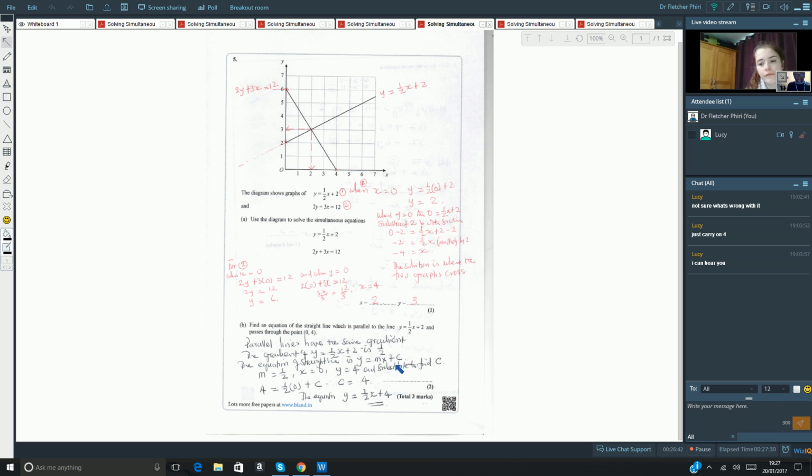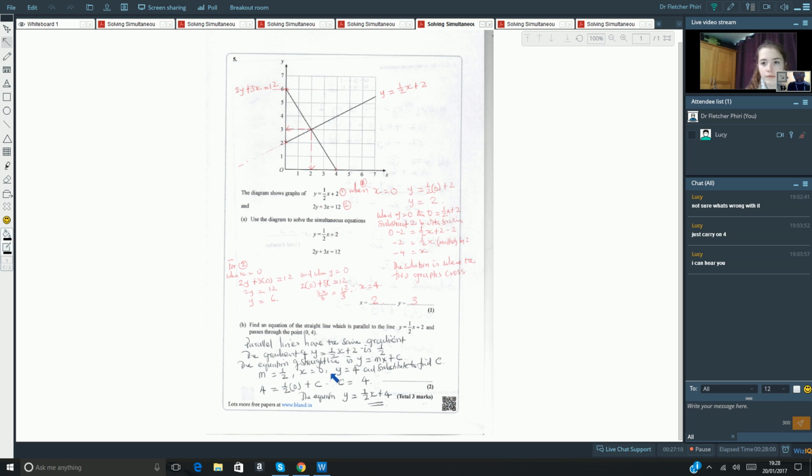And what you are interested in finding is c. So at this point here, x is 0, m is half and y is 4. Because the line is passing through this point where x is 0, 0 times half is 0, which means 0 plus c is going to give you 4.